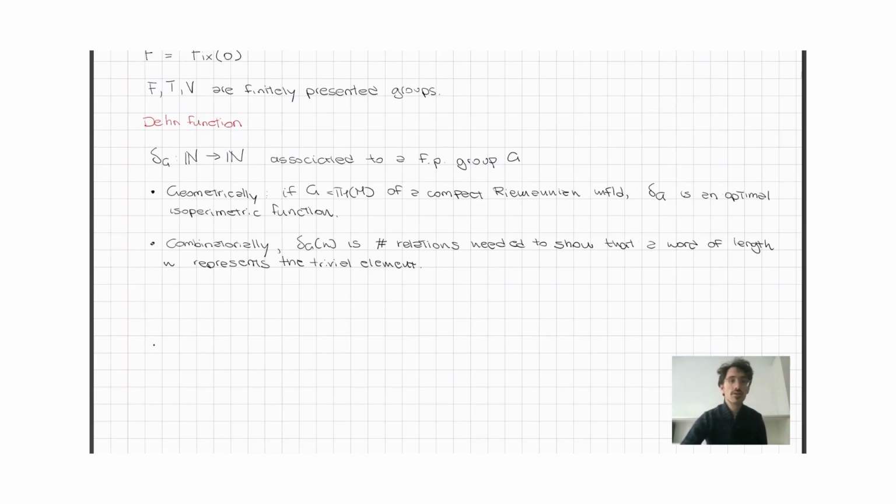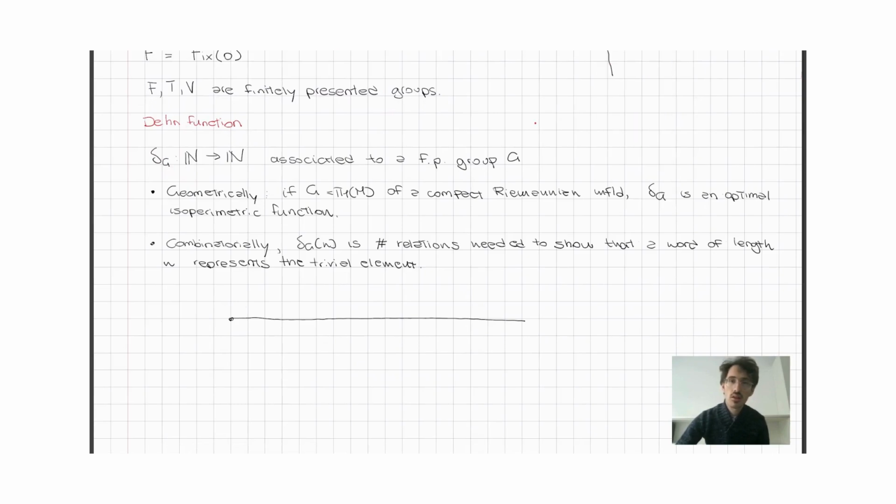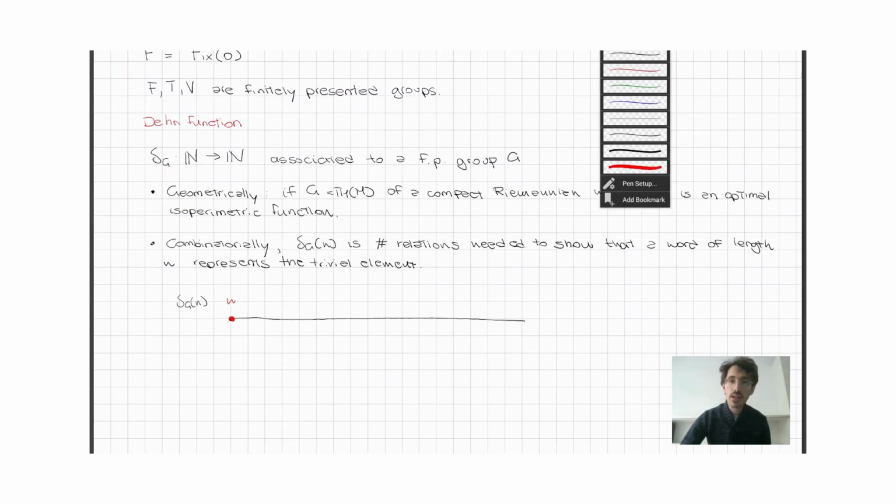And if one looks at which kind of function can appear as a Dehn function of a group, there's an interesting situation. If one thinks of all possible functions on a line, then it turns out that the Dehn function can be linear.